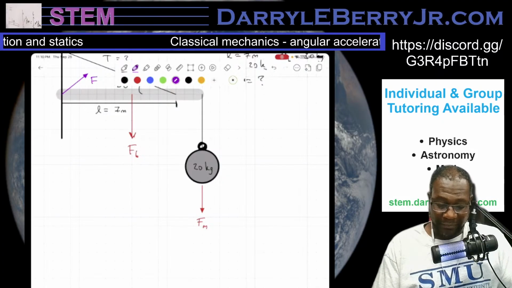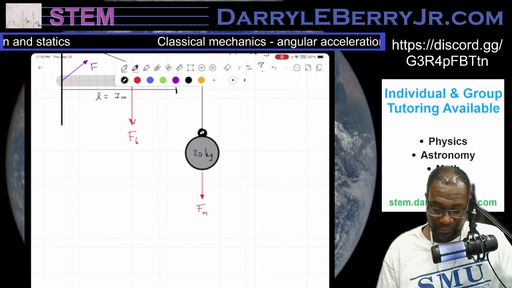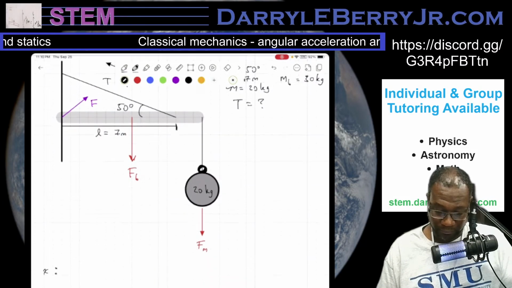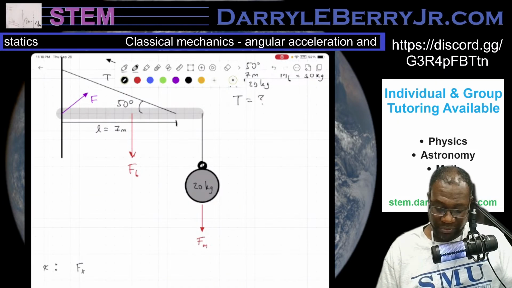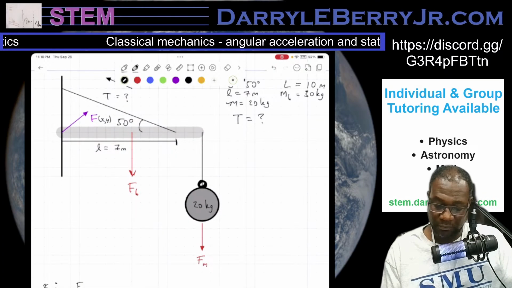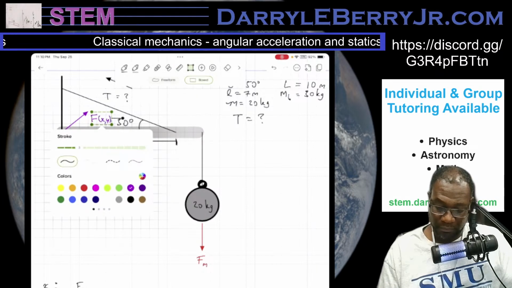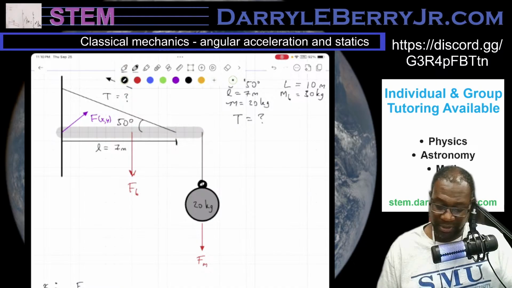So what we have to do now is break each of these into their X and Y components. So on the X side, we know that all the forces are going to be 0. So we have Fx, which is the X component of this. We're assuming that this thing is operating in the two-dimensional plane.